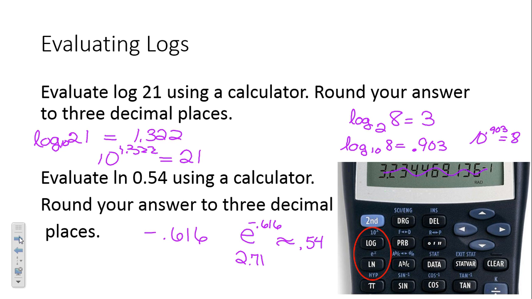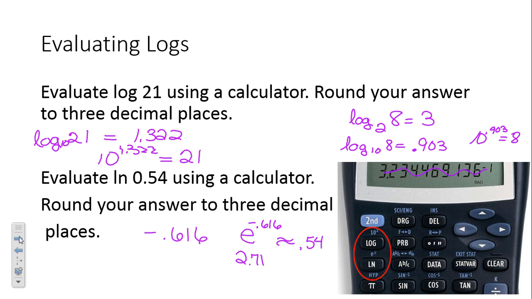Did you get negative 0.616? If not, I'll come look at it. It might be in a different mode. That's the whole purpose of these problems, to make sure that you know how your calculator works. Some of them allow you to plug the number in first and then take the natural log. Some expect you to put the natural log in first and then plug the number in. If you're having trouble, flag us down and we'll show you the steps.